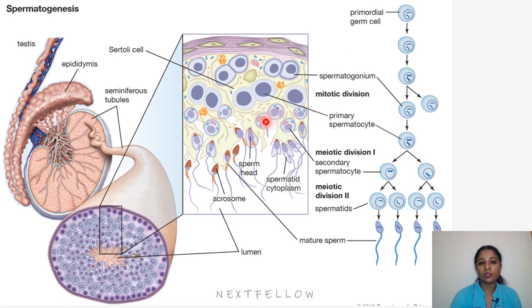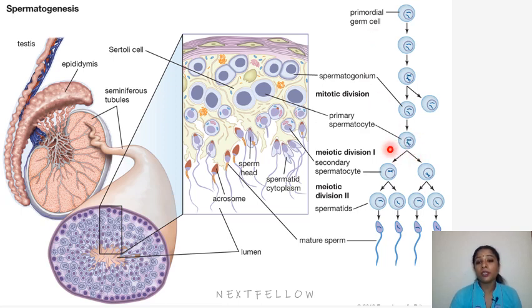You can see here the pale cells with pale nuclei, and these are the spermatogonial stem cells that undergo active mitosis. So these cells divide to produce type B. Type A spermatogonia give rise to type B spermatogonia, and type B spermatogonia divide and give rise to primary spermatocytes.